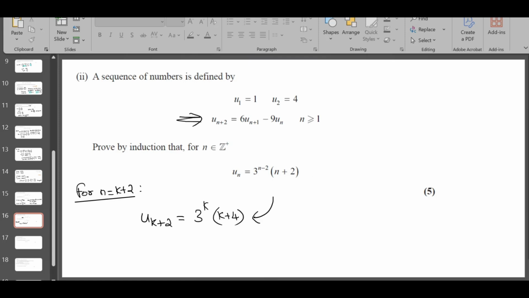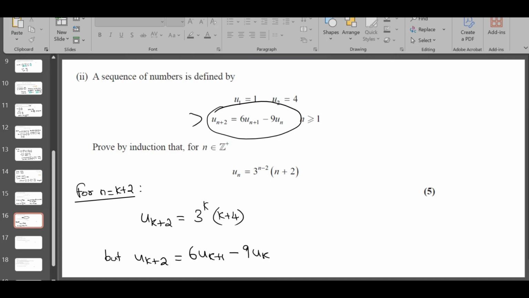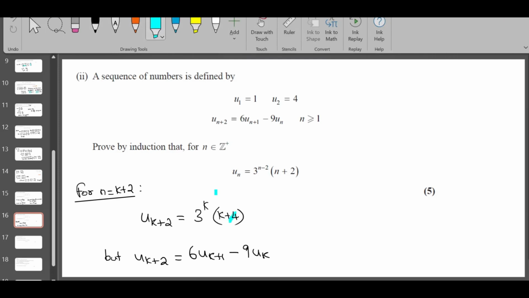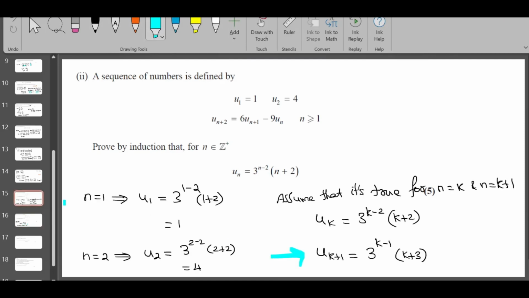So in this relation, what would be u_{k+2}? u_{k+2} is 6 u_{k+1} minus 9 u_k, right? We are going to take the two already proven results, u_{k+1} and u_k, and sub in there.